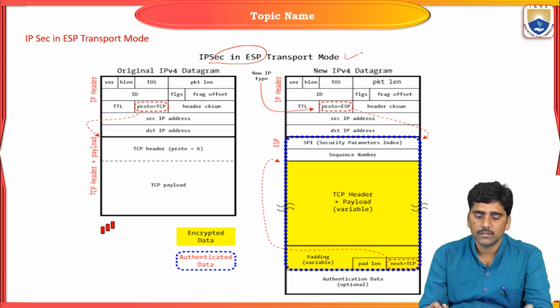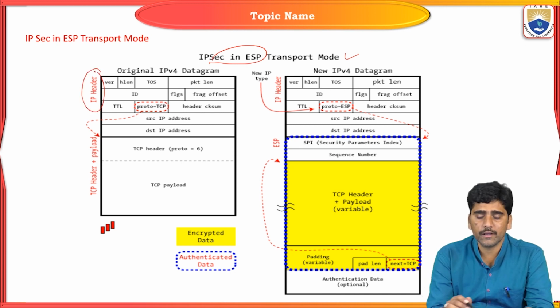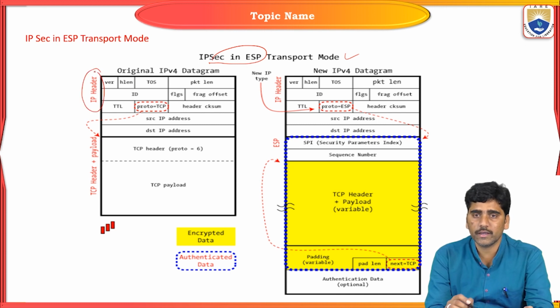Here this is the original IPv4 header, which has fields like version, header length, type of service, packet length, ID, flags and flag offset, time to live, header checksum, source IP address as well as destination IP address.